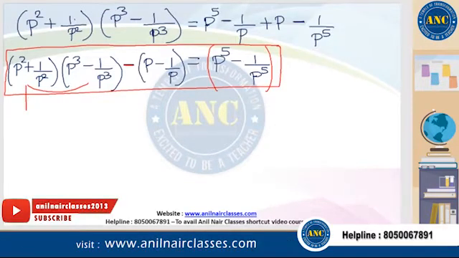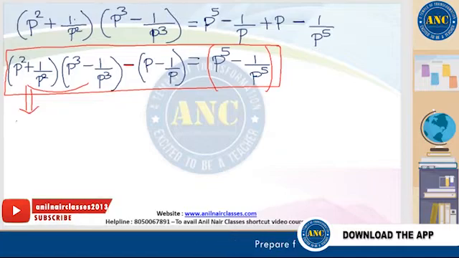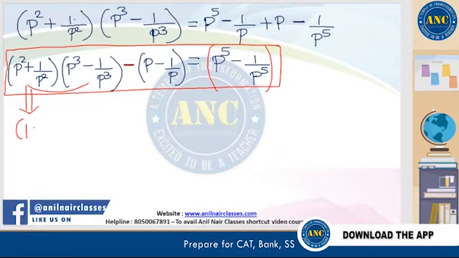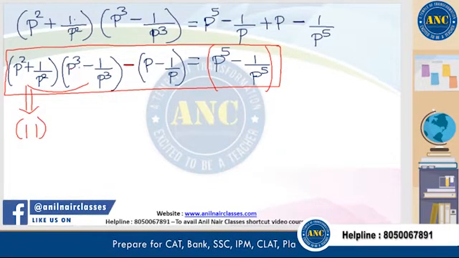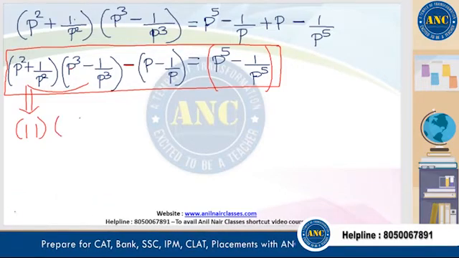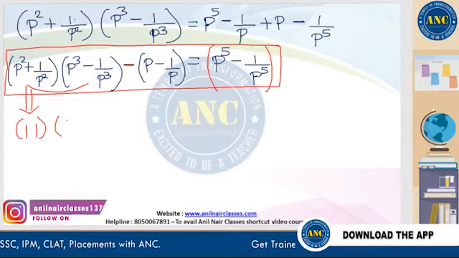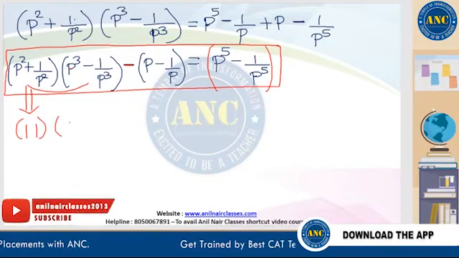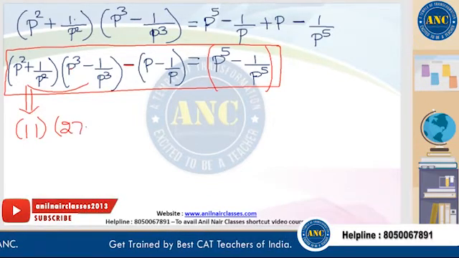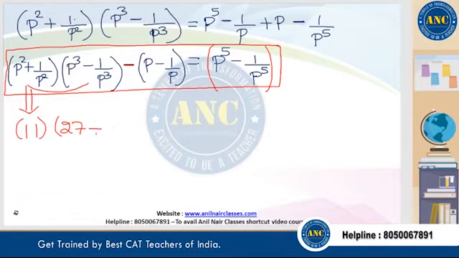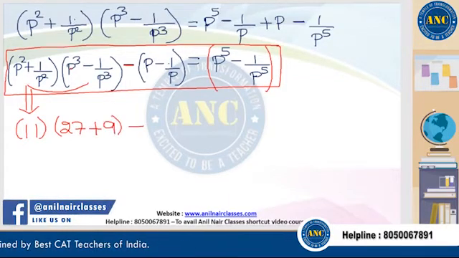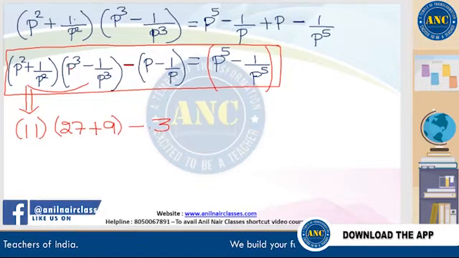Now I need to find this value, and I know that the p minus 1 by p value is 3. So p square plus 1 by p square value will be 3 square plus 2, 9 plus 2, 11. P cube minus 1 by p cube value will be 3 cube plus 3 into 3, so it is 9. 3 cube is 27 plus 9, which gives 36. Minus the p minus 1 by p value, known as 3.